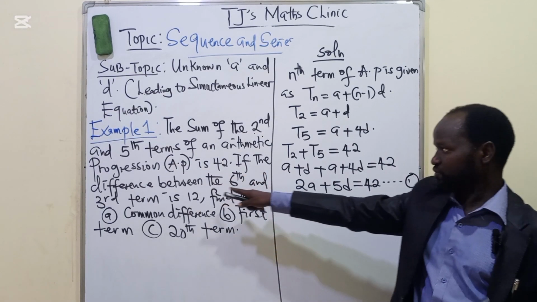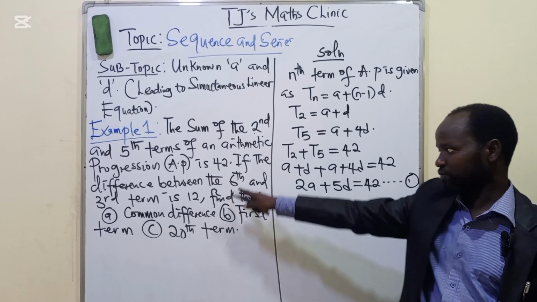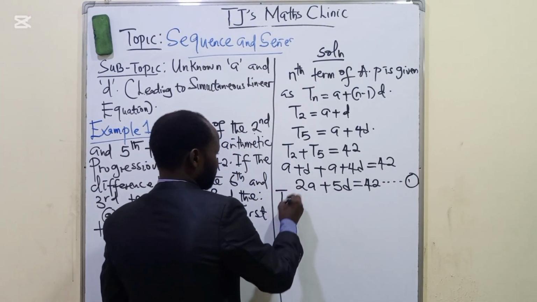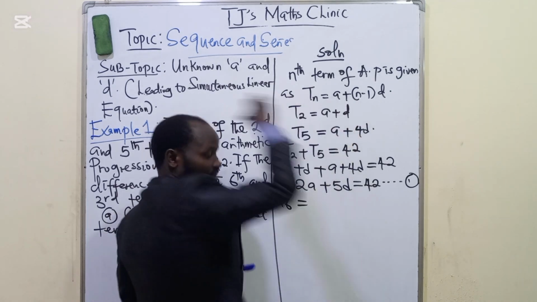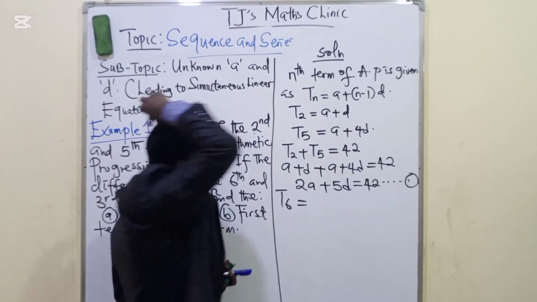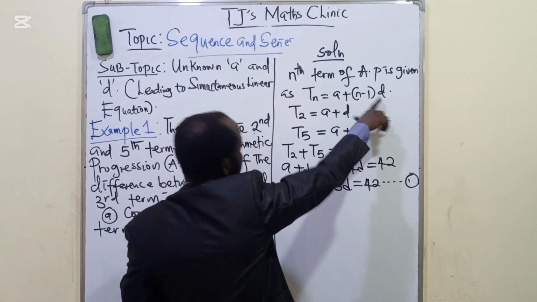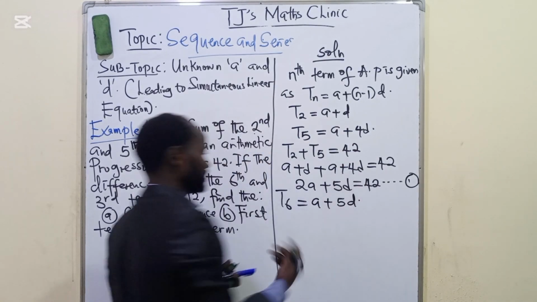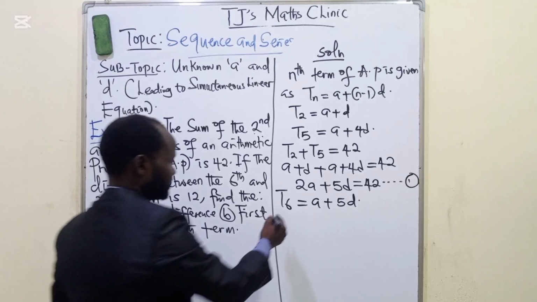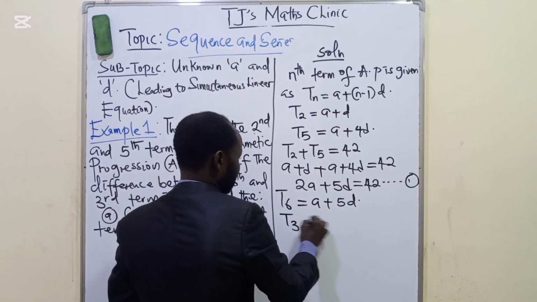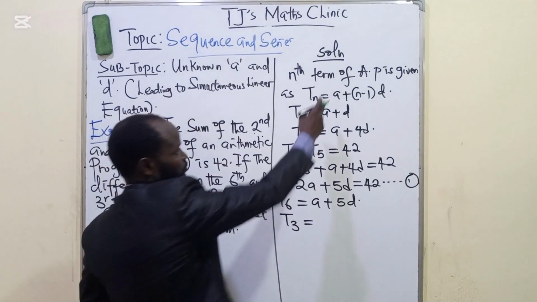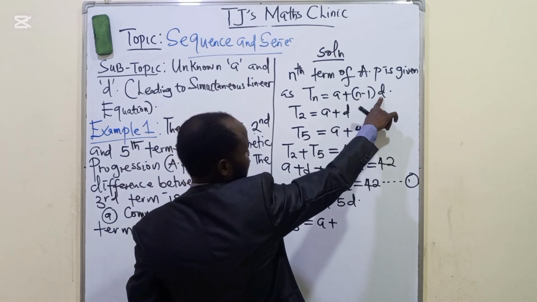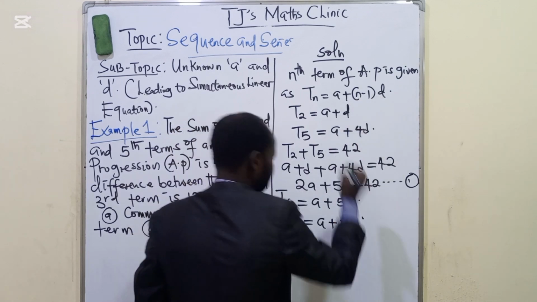Okay, let's move to the next statement. The difference between the sixth term and the third term. We need to get the sixth term, t6, which will be equal to, when n is 6, let's substitute again, 6 minus 1, which is 5, times d, that's 5d. That will be a plus 5d. This is now our sixth term. Let's get the third term. When n is 3, substitute again, we have a plus (3 minus 1), which is 2, times d, that's 2d.